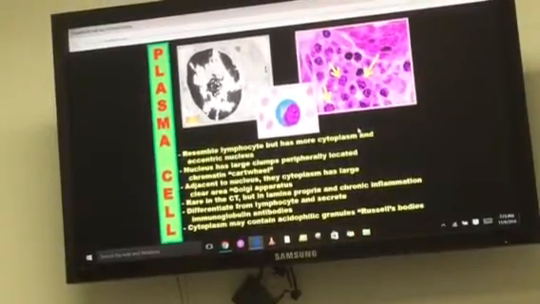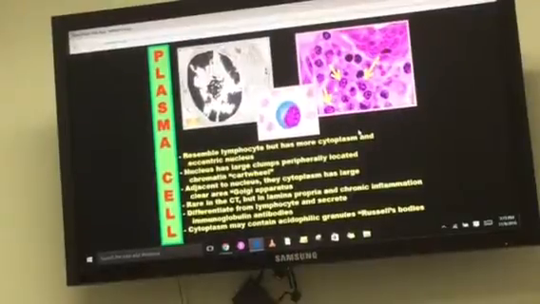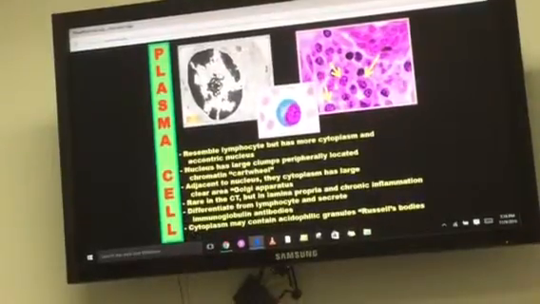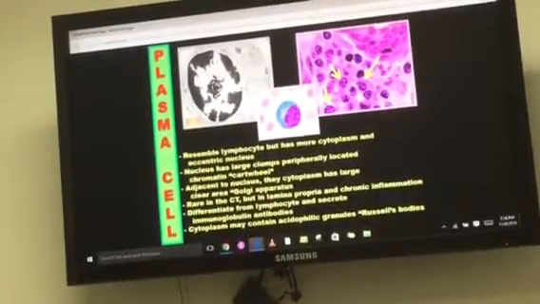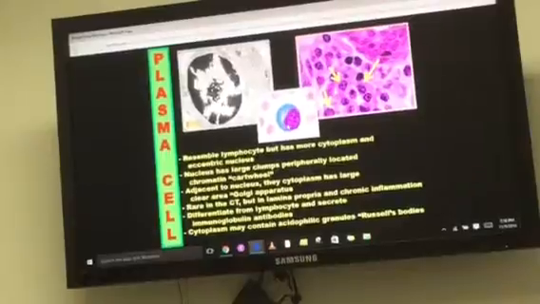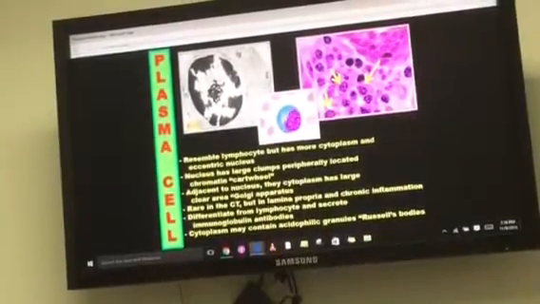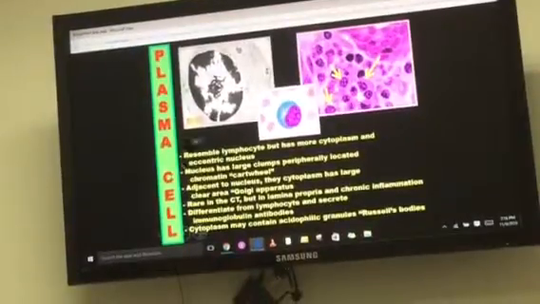The cytoplasm has acidophilic granules known as Russell bodies. And then there are others. Also, he emphasized this in class. I don't remember the specific parts, but he said if it looks like a crescent shape, then you'll be able to figure out that, okay, it's a plasma cell.